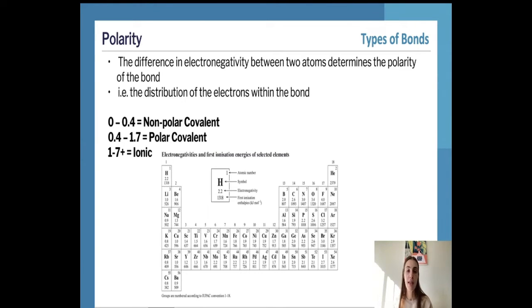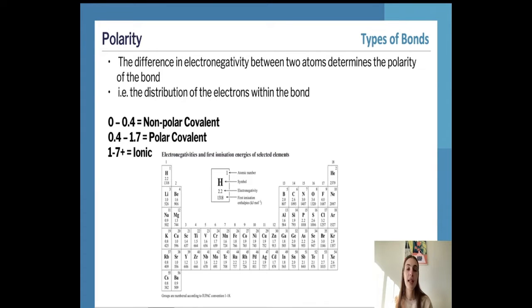The properties that a carbon to hydrogen bond displays are not representative of a polar covalent bond. They follow much more the non-polar properties, and so hence we consider that to be a non-polar covalent bond.